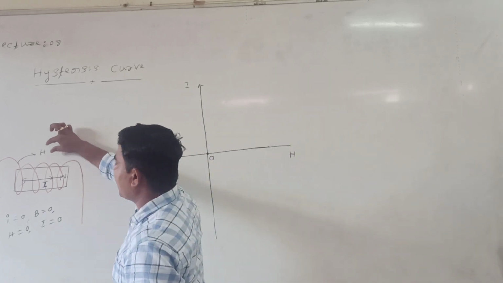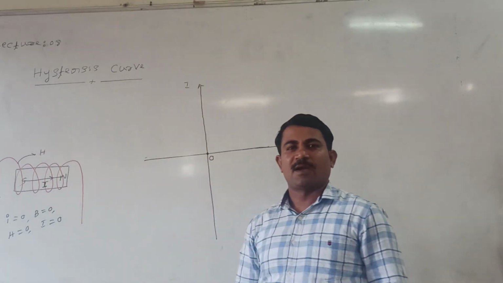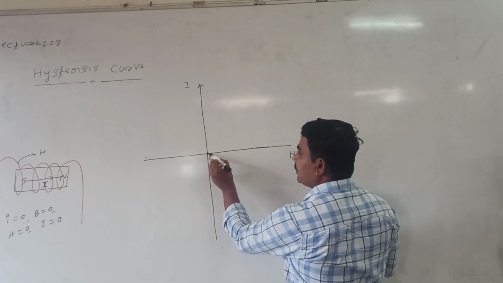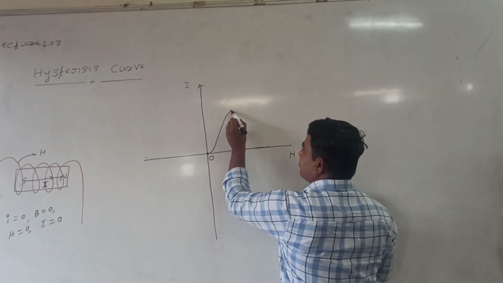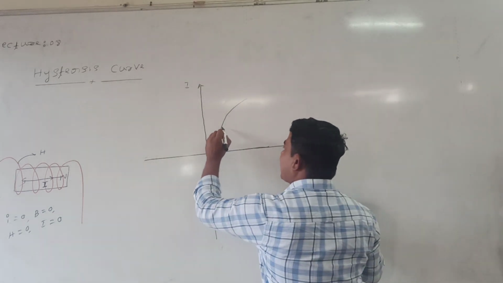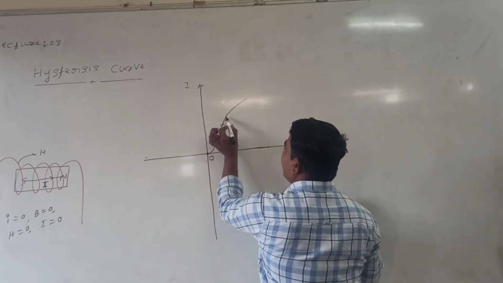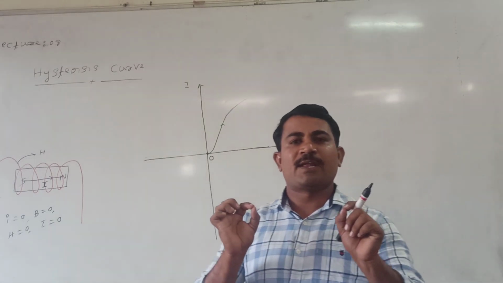Initially, when magnetic intensity increases, magnetization also increases. How to show it? Graphically, the magnetization and magnetic intensity change along this path. As magnetic intensity increases, the magnetization of the ferromagnetic material increases up to a particular point.